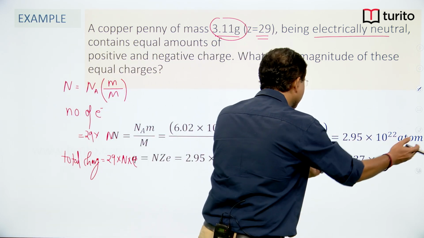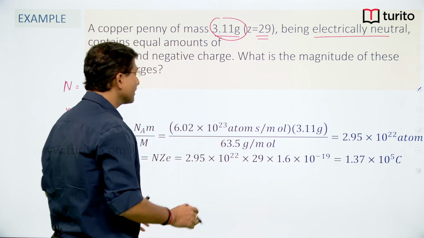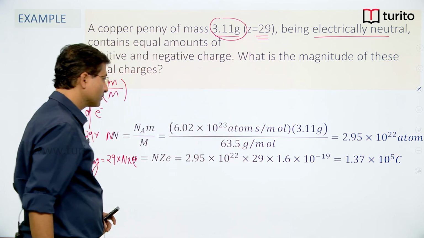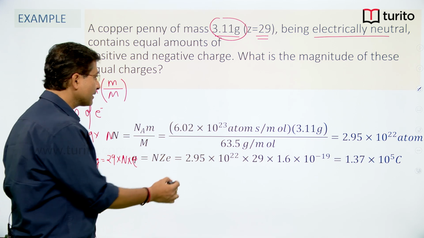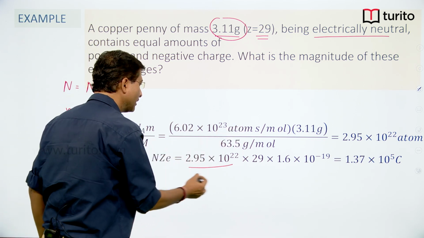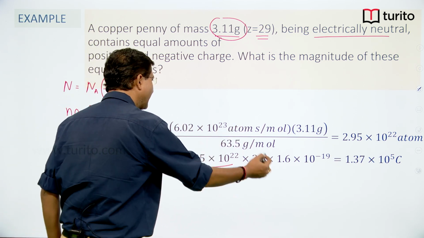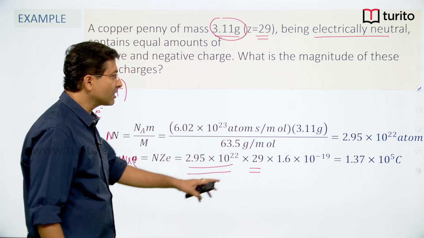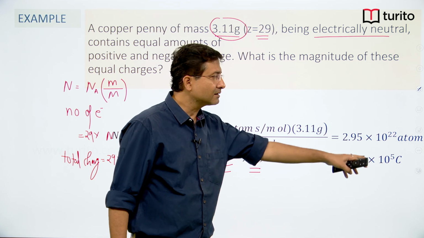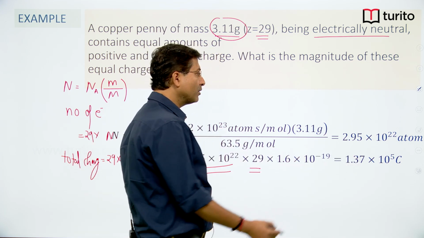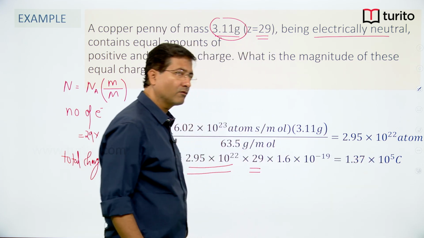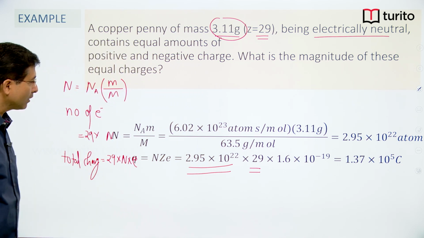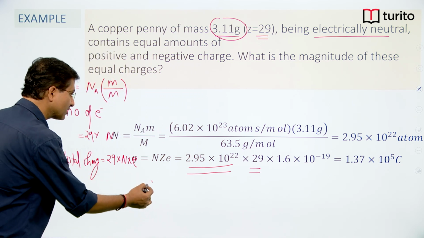Every atom will have 29 electrons. If I multiply by 29, I will get the number of electrons, and if I then multiply by the charge on electron, I get the total charge, and that comes to 1.37 into 10 to the power 5 Coulomb, right. So I hope this point is clear, quantization is clear.